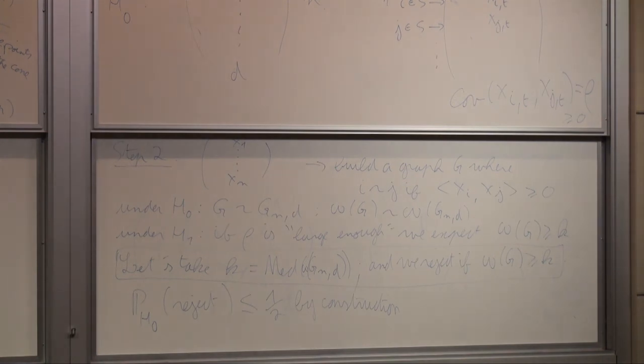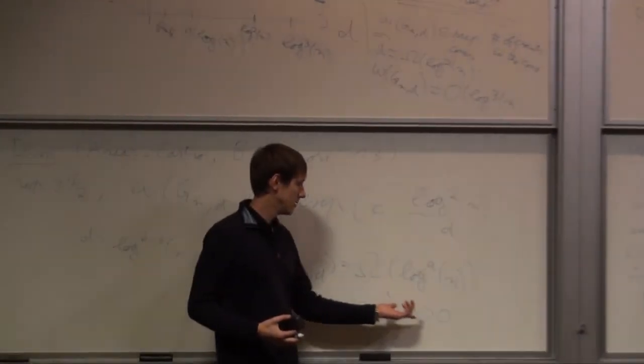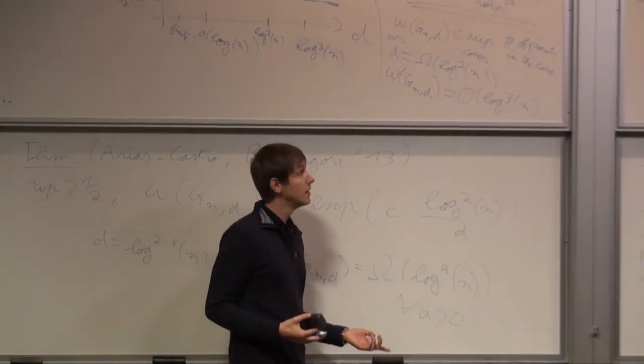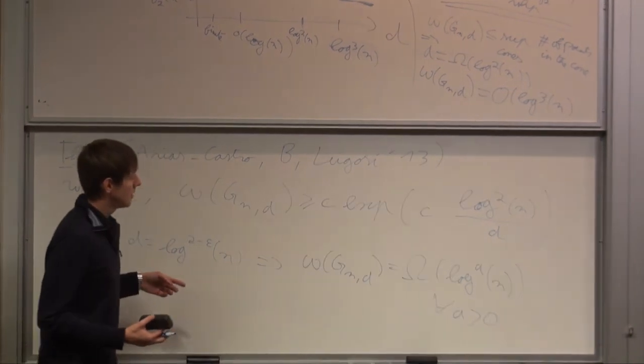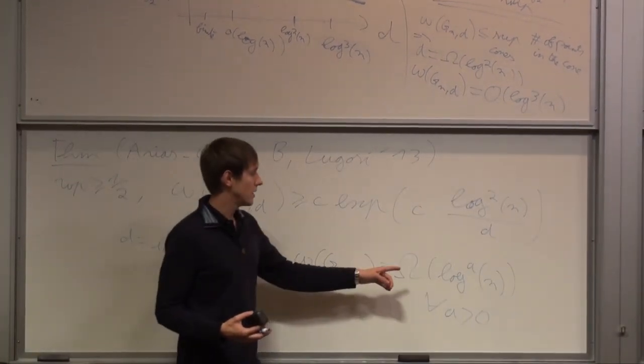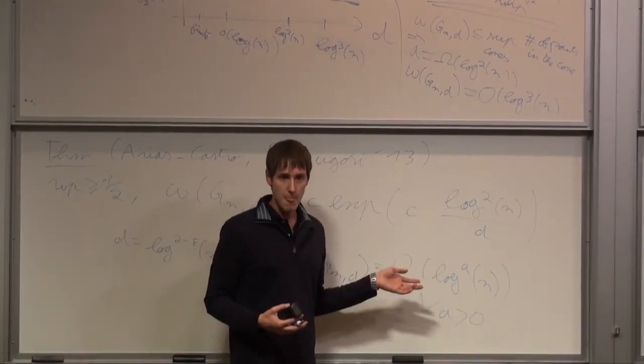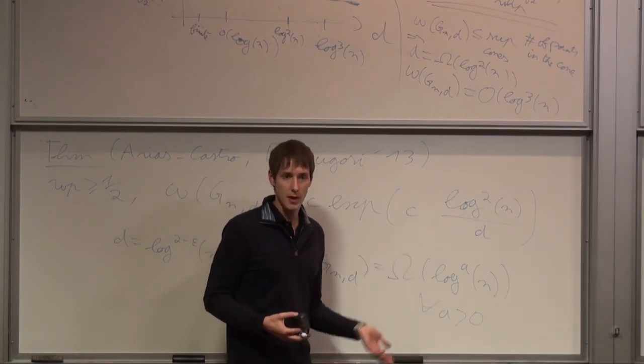No, this is true for any A. If it's true for A equals 1, so if you're larger than log n, you are certainly larger than square root log n.